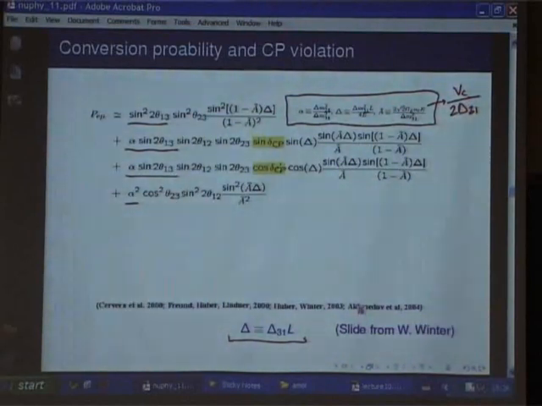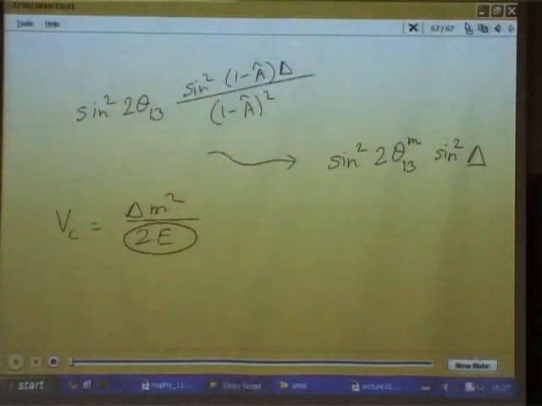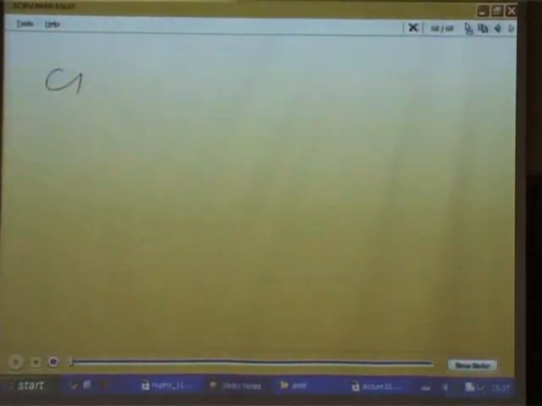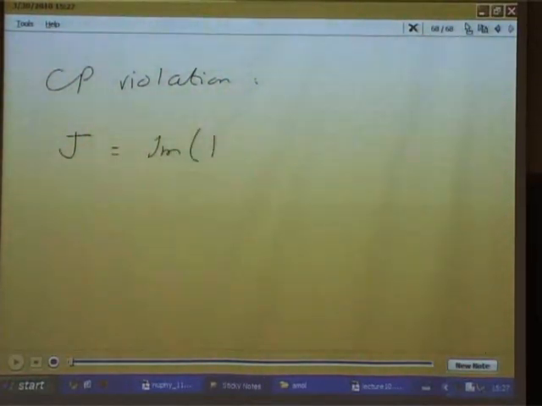And now remember what we saw earlier. If you want to see CP violation, it only depends on this transform invariant. Let me define what that is. So CP violation depends on this invariant J, which was the imaginary part of this matrix.